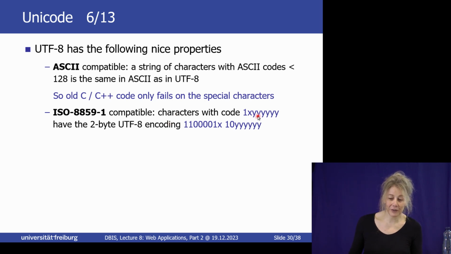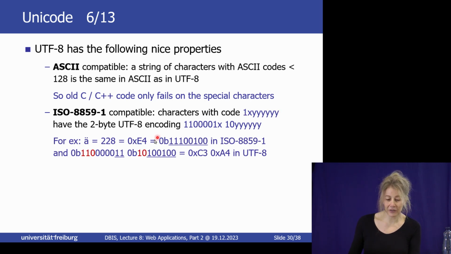Here's another nice thing I'm just telling. If you have the next more complex thing where you have a 1 at the top, which means you have 7 bits, then this is just the ISO 88591, which was previously the most frequent special encoding. Of course, a strong bias here towards where this came from.